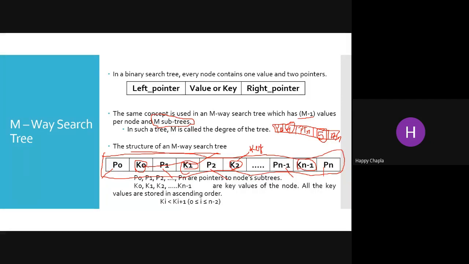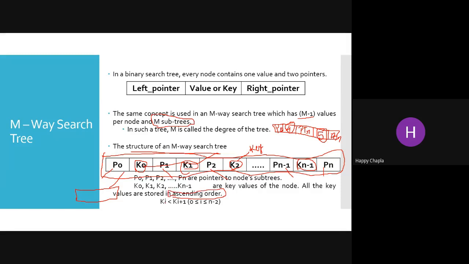Now your P0, P1, P2 up to Pn are pointers to the node's subtrees. That means if you are creating a new node here, that node contains more than one value as well as more than one pointer. So who will point to it? Your pointer. Now your K0 to Kn minus 1 are the key values of the node. All the key values are stored in ascending order only, make sure.